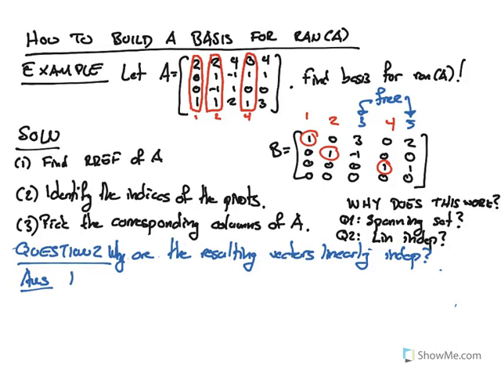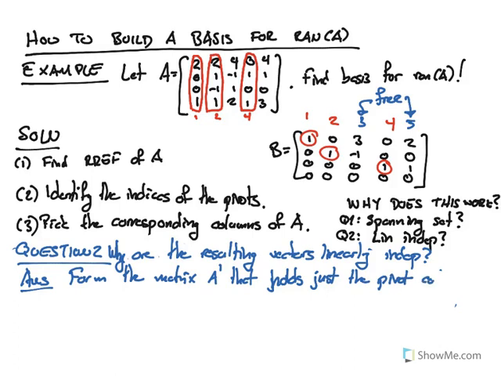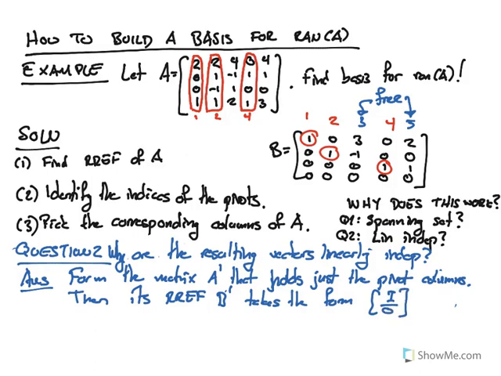Well, the reason is, if we form the matrix A prime that holds just the pivot columns, then its RREF B prime takes the form identity on top of the zero matrix.